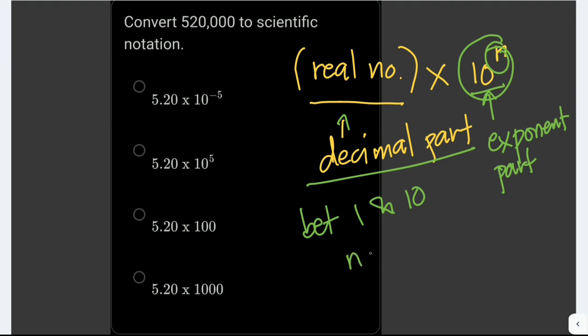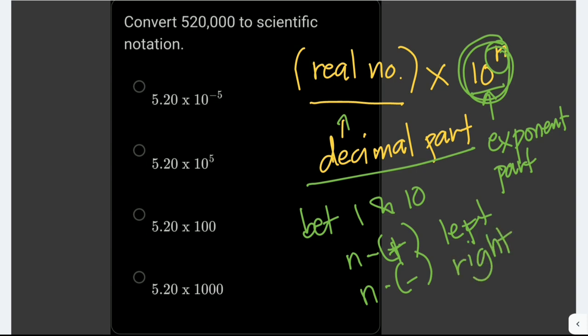So when n is positive, this means that the decimal point was moved n places to the left. If n is negative, this means that the decimal point was moved n places to the right. So take note of that.